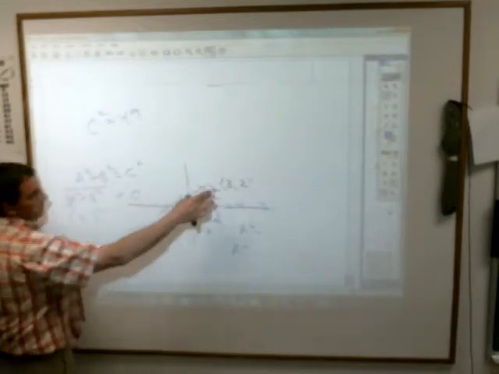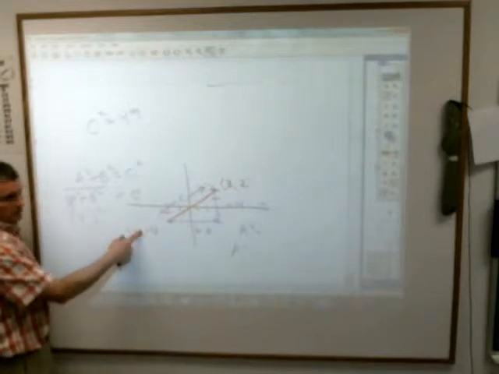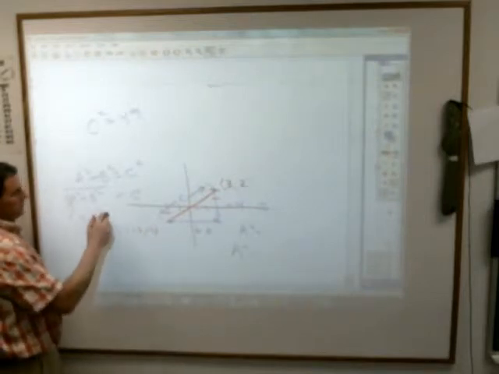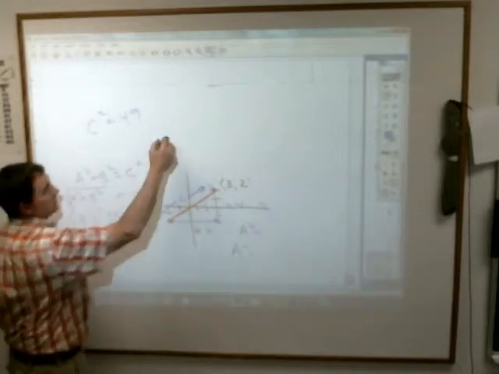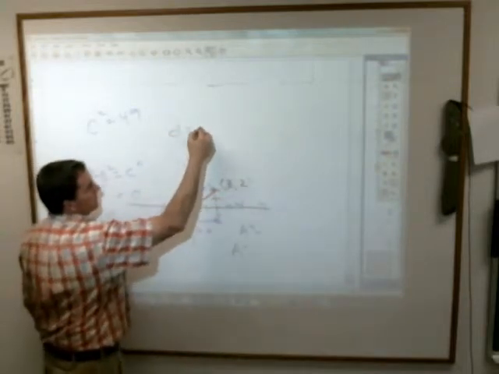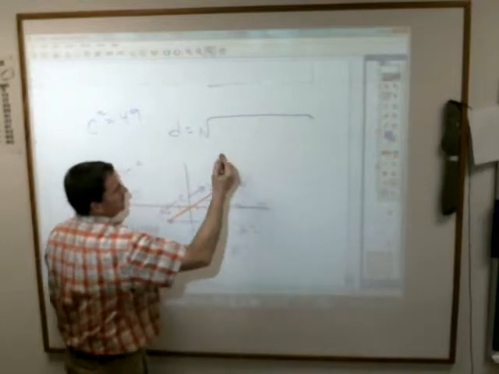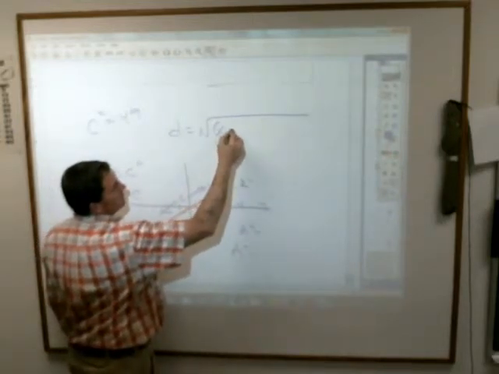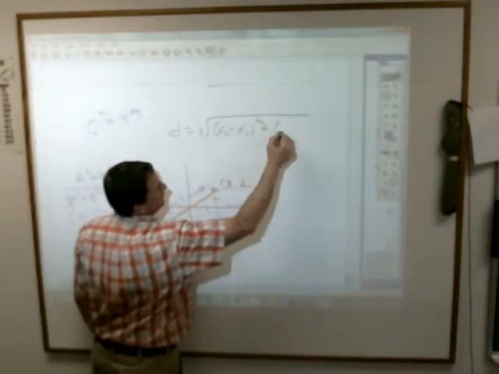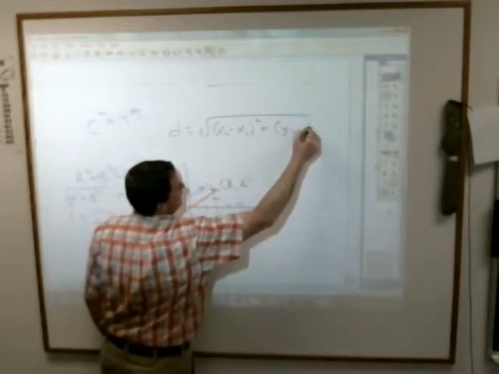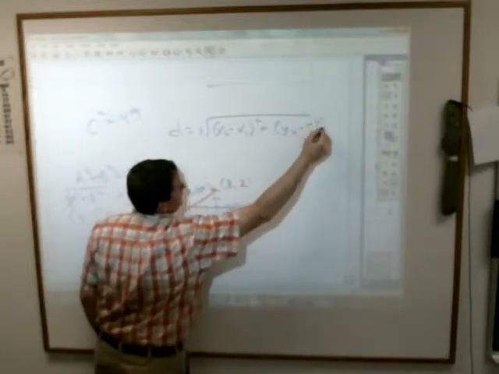That comes from when I take 3 minus a negative 2. So that gets you your 5. So enough of that, I'm going to plug it into the distance formula. It doesn't matter the order you put them in, but x2 minus x1 squared plus y2 minus y1 squared.